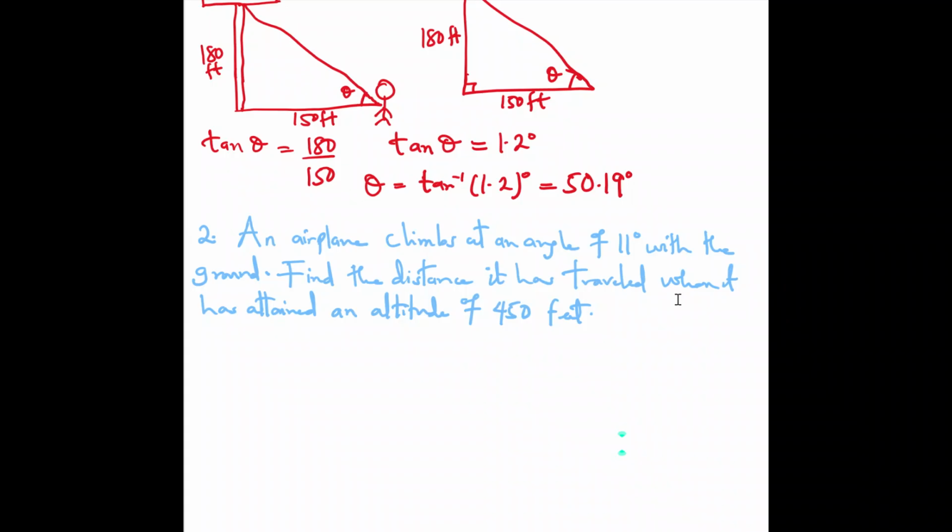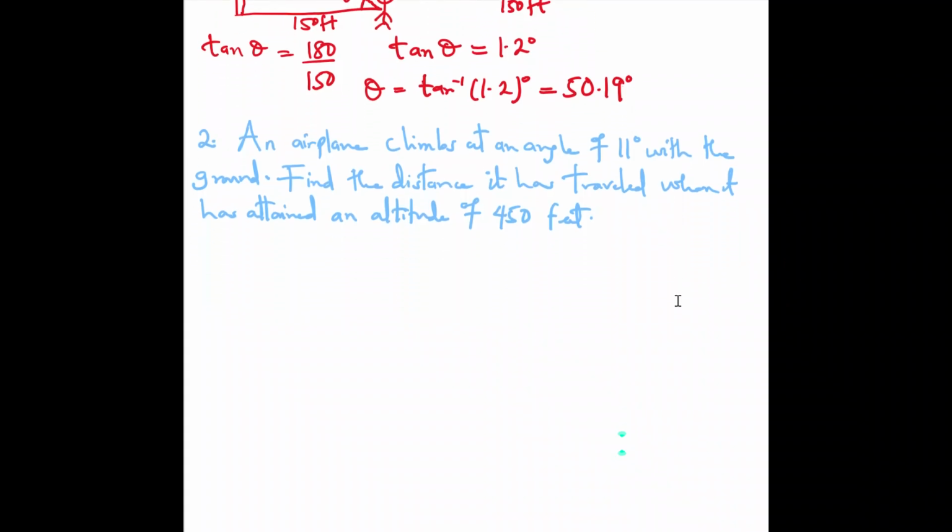Okay, so the next question says, an airplane climbs at an angle of 11 degrees with the ground. Find the distance it has traveled when it has attained an altitude of 450 feet. It says the airplane climbs, so let me just draw the airplane.